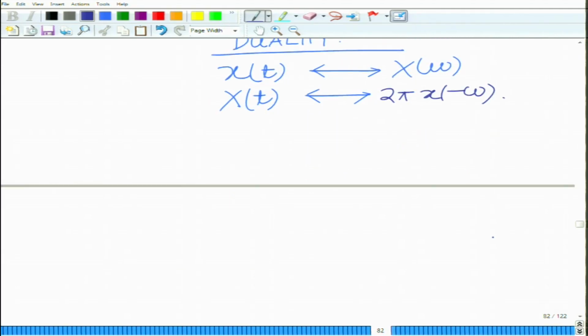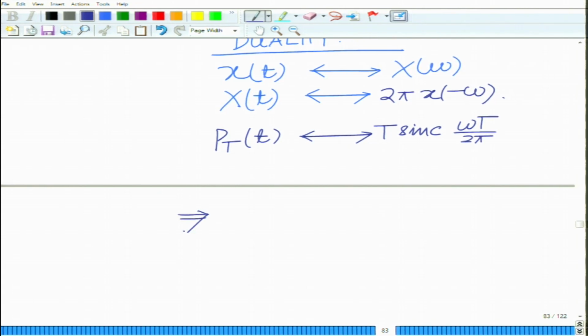This follows from the duality principle. So, now we have p_t, remember from the previous problem, p_t(t) has the Fourier transform t sinc(omega t over 2 pi).